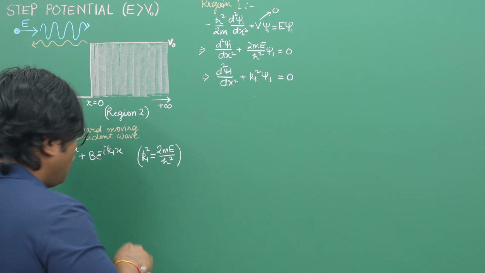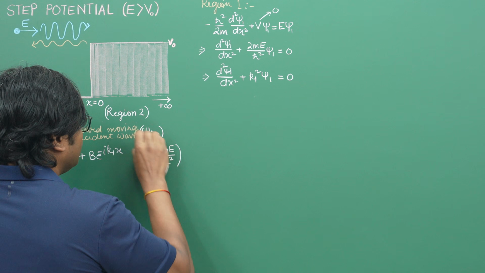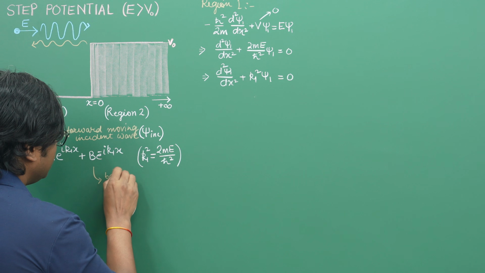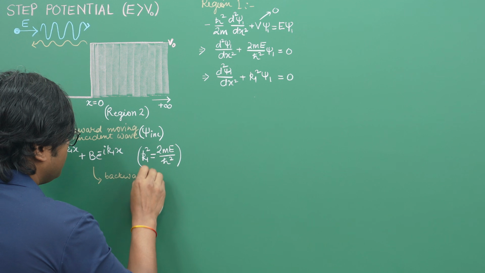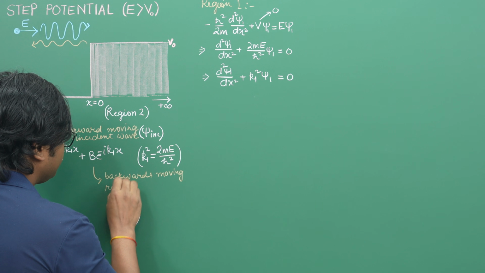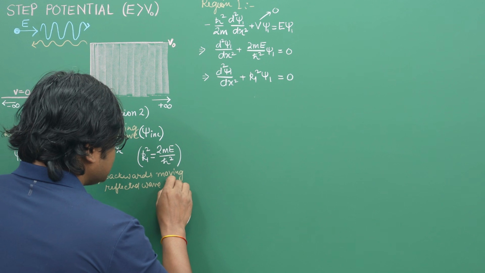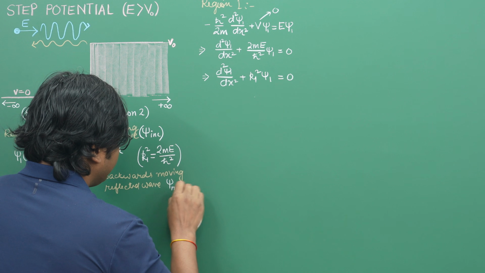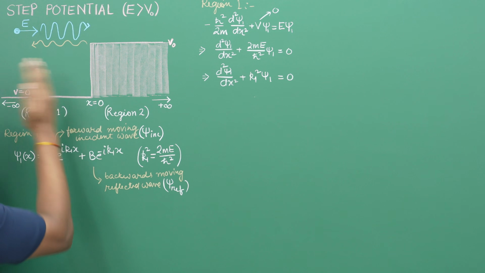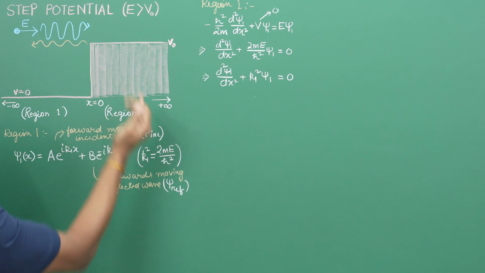This we can call psi incident, INC. And the second part refers to the backwards moving reflected wave, which I am going to call psi reflected, REF. So when the wave approaches this barrier, it experiences some amount of reflection, and that reflected wave is psi REF, and the incident wave is psi INC.